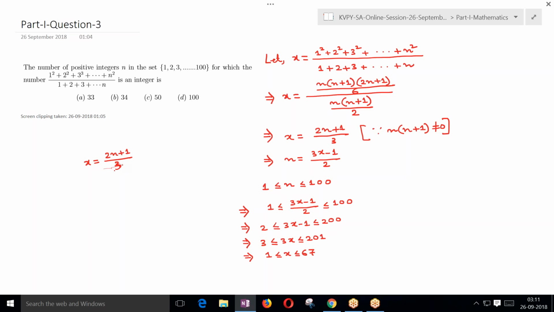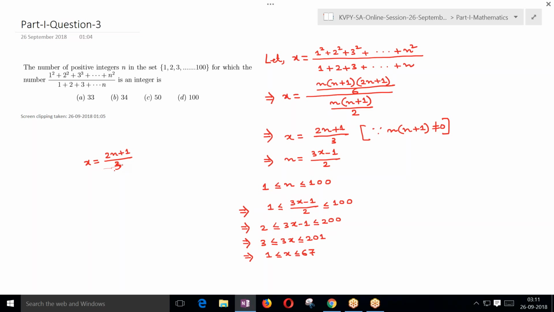Because 2n plus 1 we can write as 3 into x. So how many odd numbers are possible between 1 and 67? The number of odd numbers possible between 1 and 67 is 34.